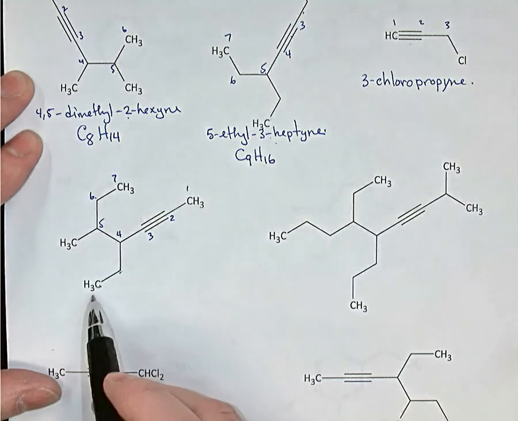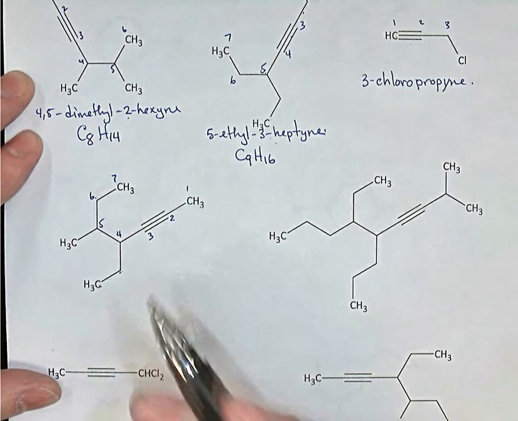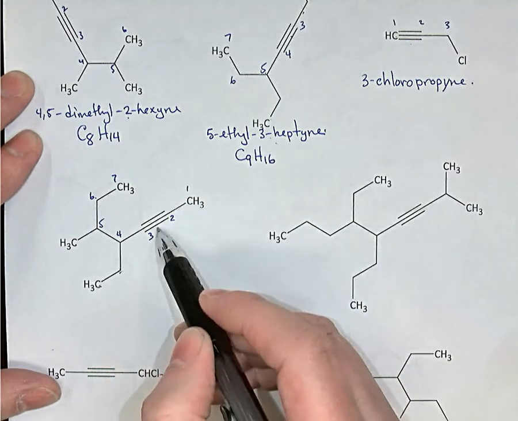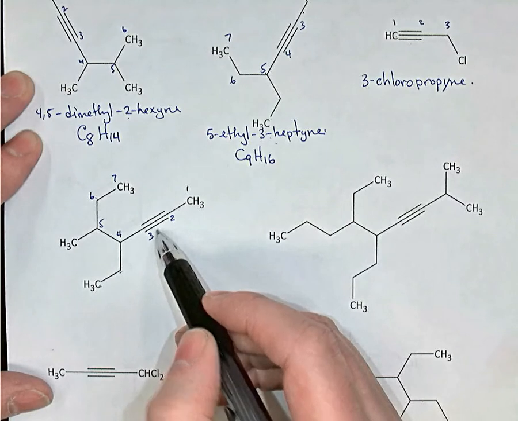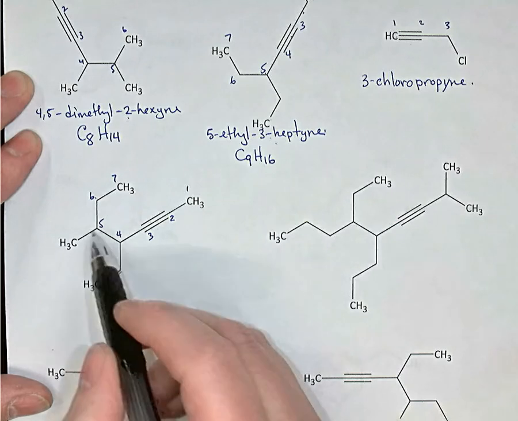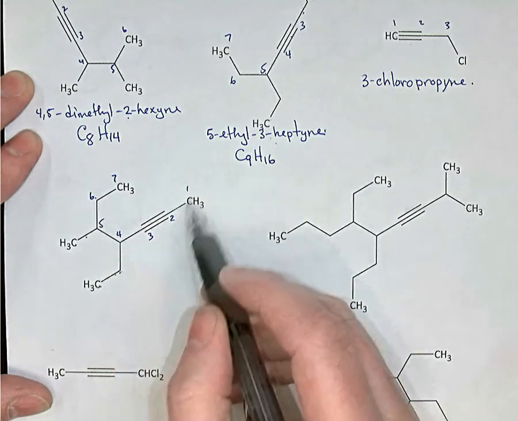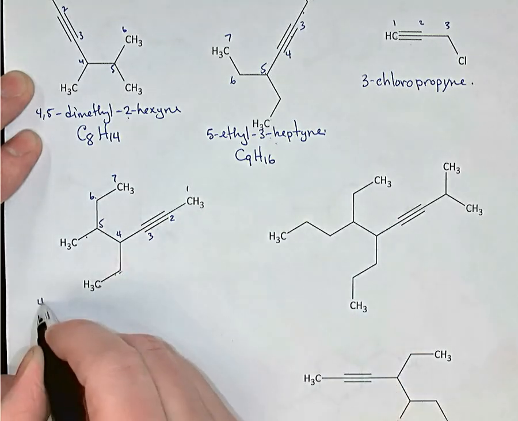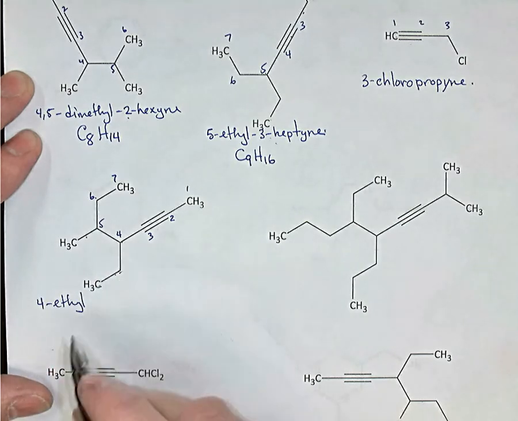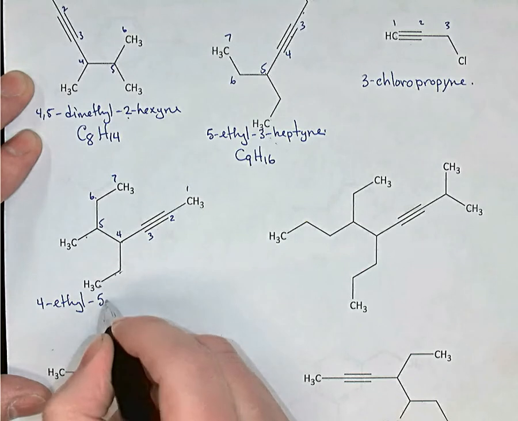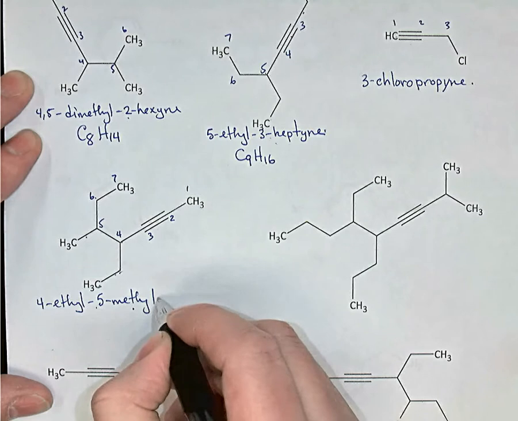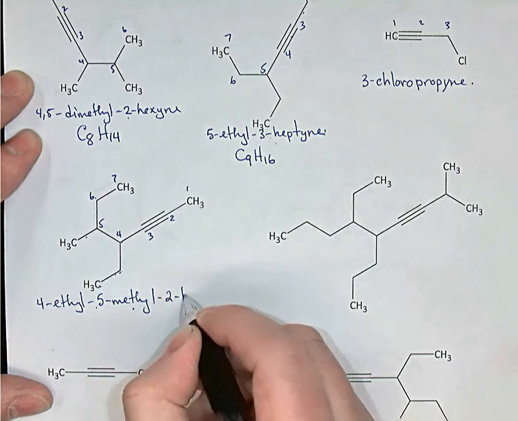When I name those, I'll put the ethyl before methyl alphabetically. In the heptyne molecule, it's the second bond, which is the triple bond, so it'll be a 2-heptyne. So putting that all together, we're going to name ethyl first, then methyl, and then we'll name the parent chain. So this is 4-ethyl, ethyl branch on carbon 4, 5-methyl, methyl branch on carbon 5, and then 2-heptyne.